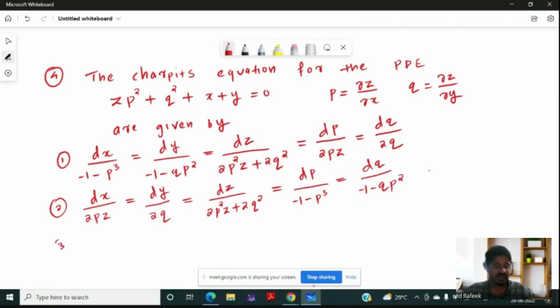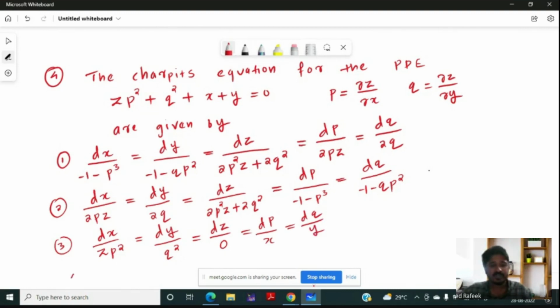Option 3: dx by z p square, dy by q square, dz by 0, dp by x, dq by y.